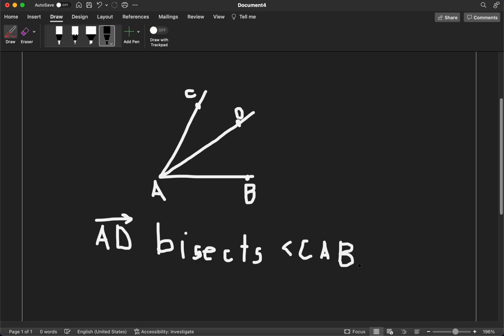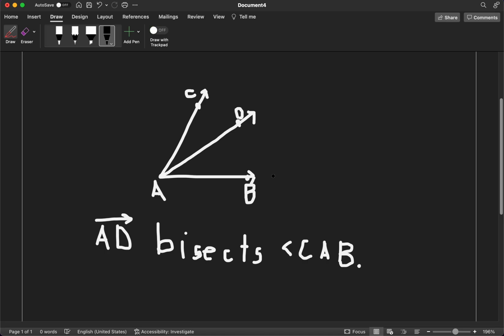And even math people would use a period there because that is a math sentence. Ray AD bisects angle CAB. Now, I suppose I forgot my little arrow tips. Whether the arrow tips are there or not, they do still continue forever.